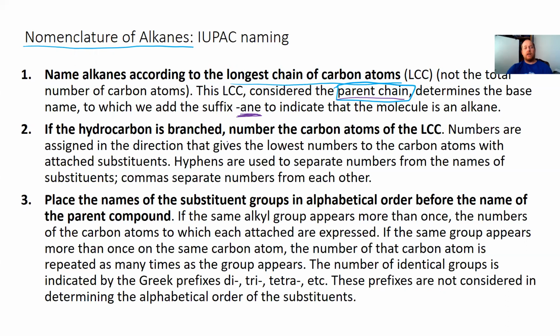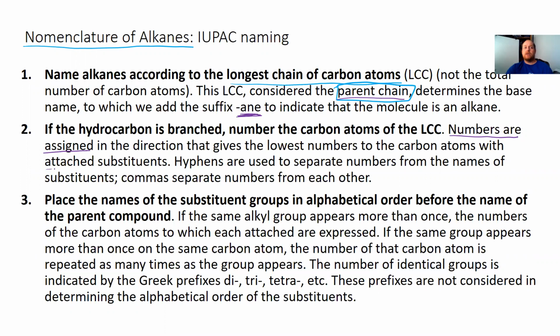But once you get that longest chain, the next thing you're going to do is see if it's branched. If it's branched, you're going to assign numbers to that carbon chain. You assign numbers to the carbon chain in the direction that gives the lowest numbers to the carbon atoms with the attached substituents.